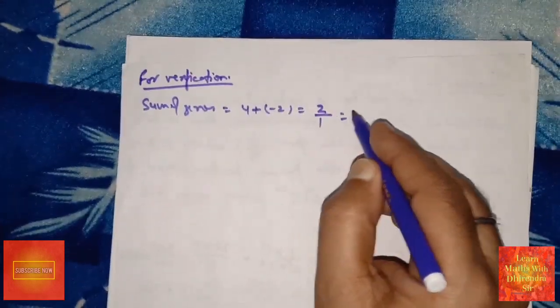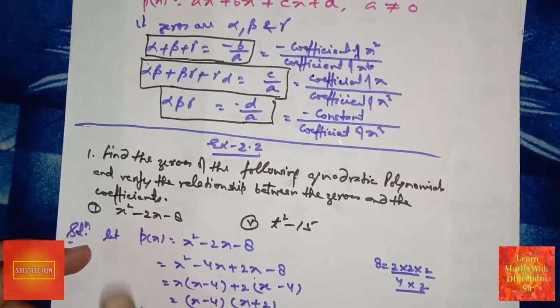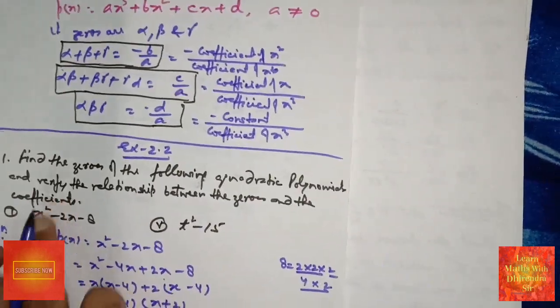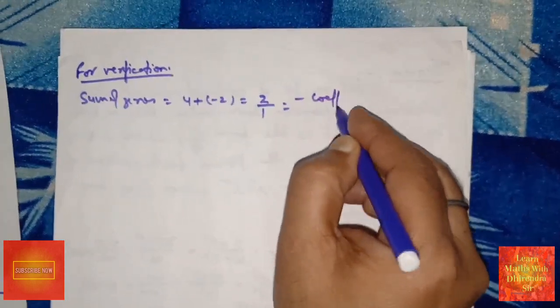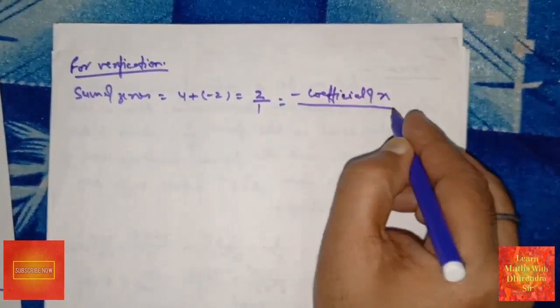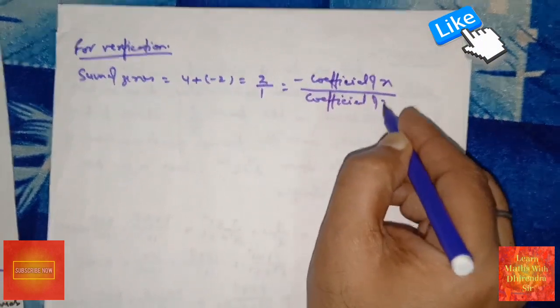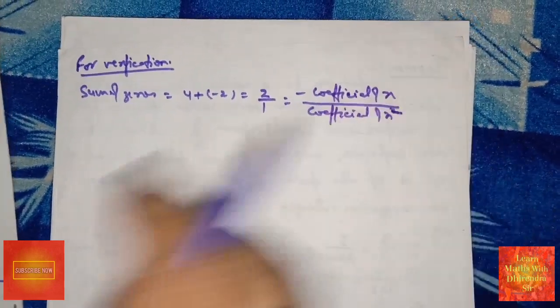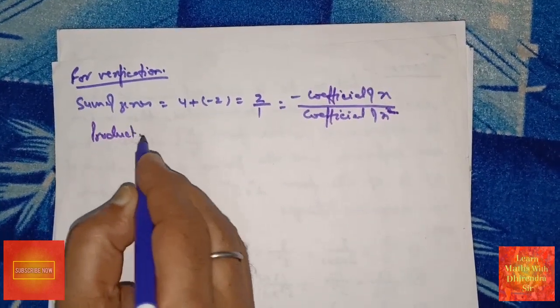It is the minus coefficient of x upon coefficient of x square, because you know very well x square minus 2x minus 8. Then here, what is the coefficient? Minus 2 means minus coefficient of x upon coefficient of x square.